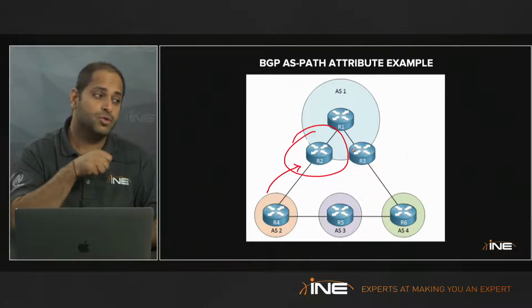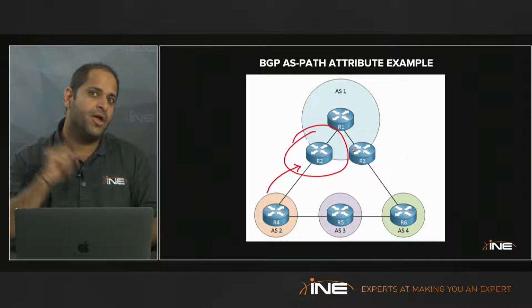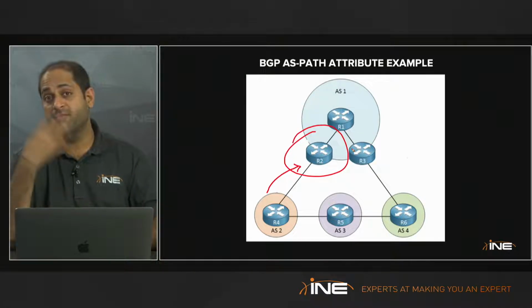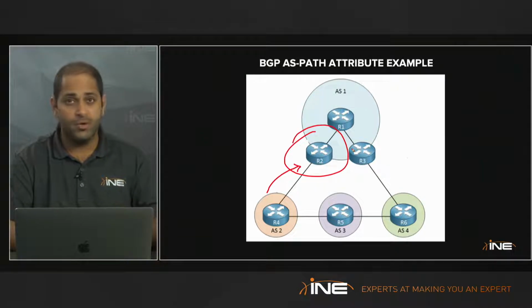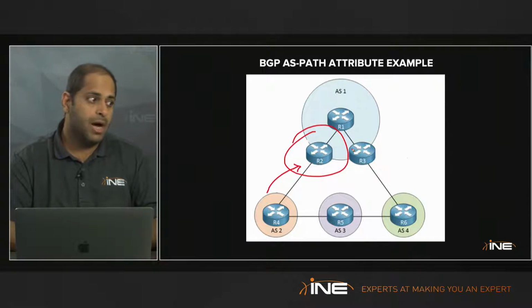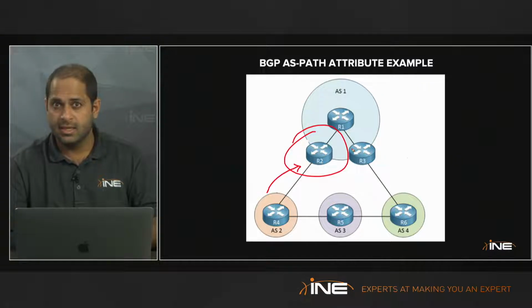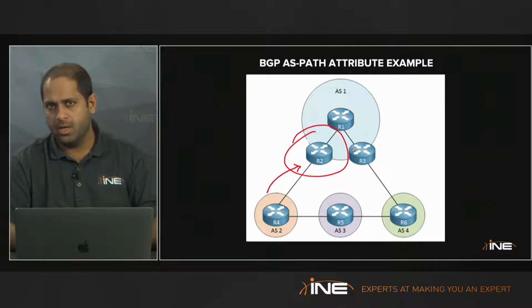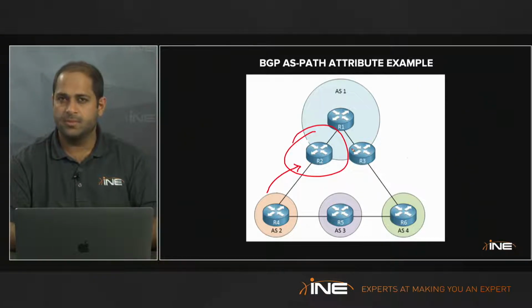In that case, R2 would choose R1 because through R1 it is 3 hops away, and through R4 it would become 4 hops away. So I could do a path manipulation by configuring R2 to prepend the AS. Obviously, AS path prepending would only work if your weight or local preference was the same.